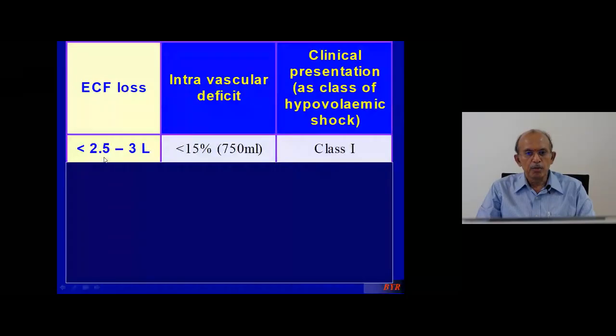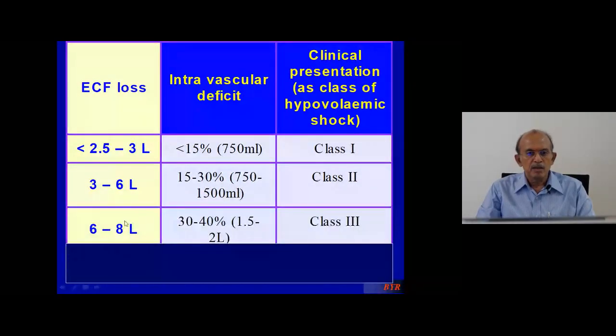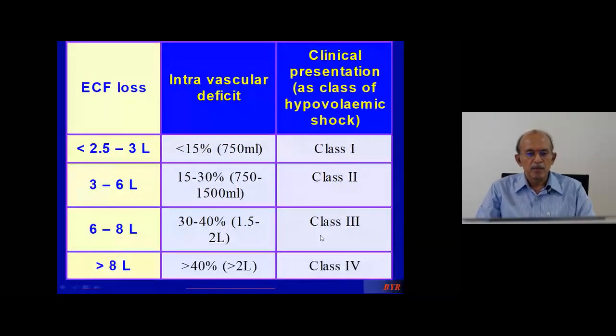Between 2.5 to 3 liters, the intravascular deficit will be around 750 ml and there will be class 1 shock. 3 to 6 liters of ECF loss will lead to 750 to 1500 ml of intravascular deficit, produces class 2 shock. 6 to 8 liters of extracellular fluid loss will have 1.5 to 2 liters of intravascular deficit and manifests with class 3 shock. More than 8 liters of extracellular fluid loss will represent with class 4 shock.